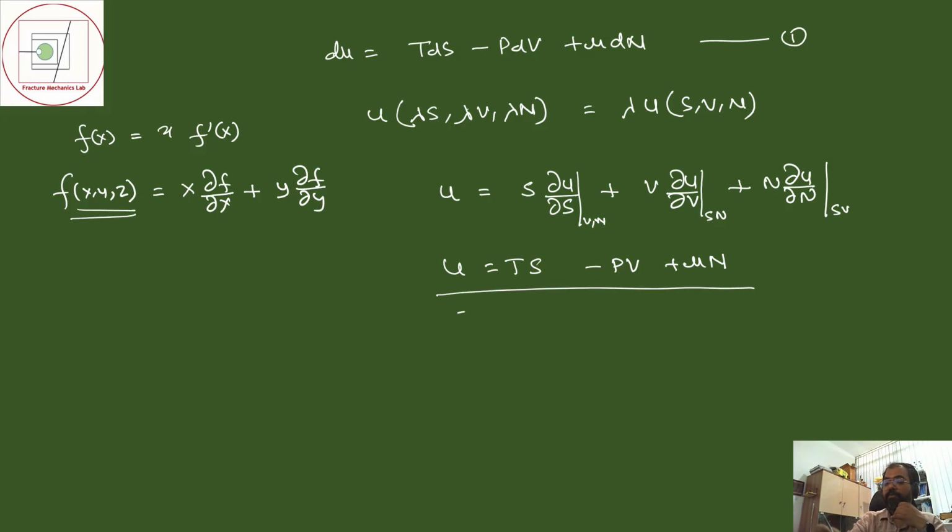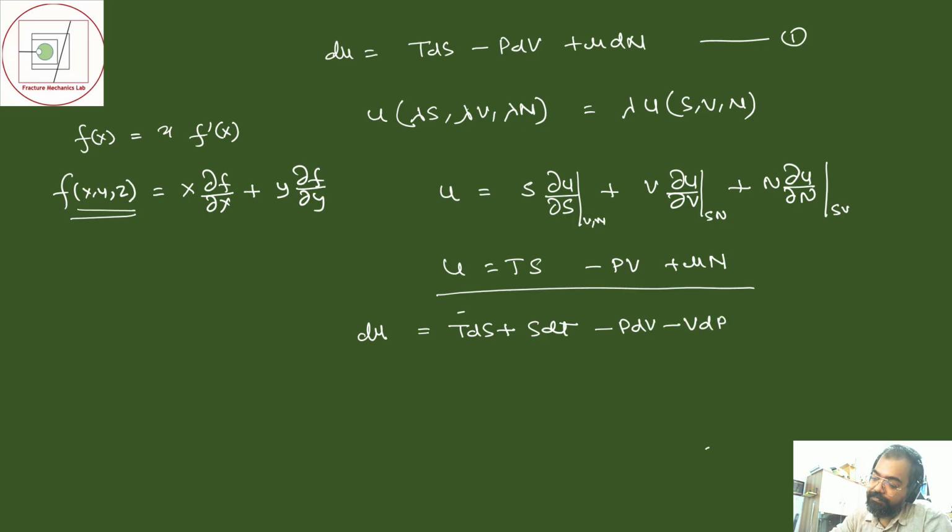And now if I do the total differential of this, du will become TdS plus SdT minus PdV minus VdP plus mu dN plus N d mu. So this becomes our equation 2, and you see that there are differences in equations 1 and 2.